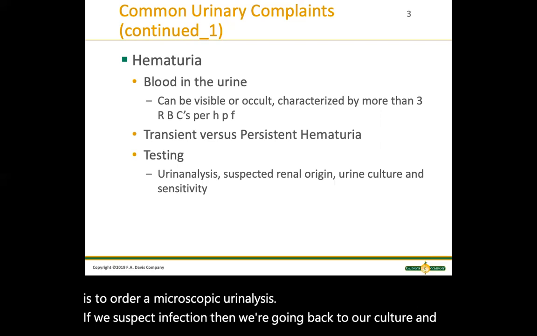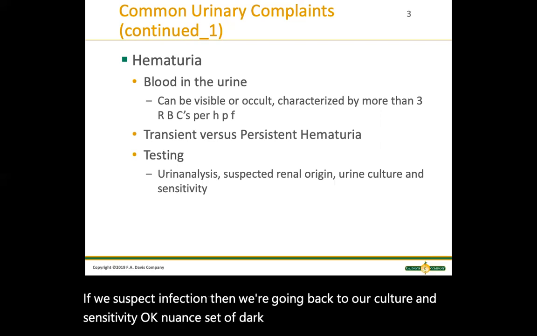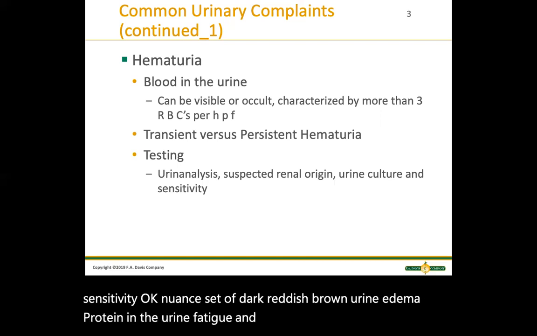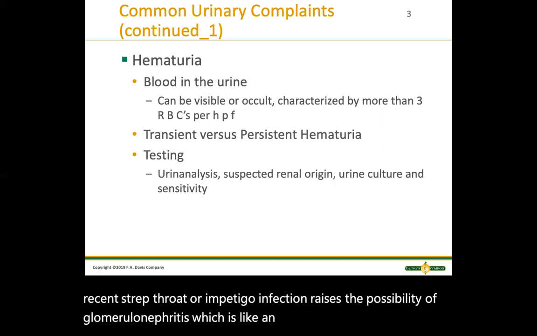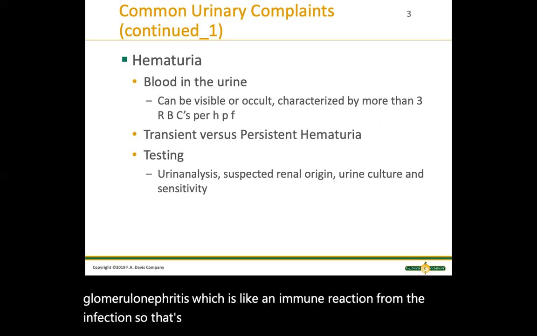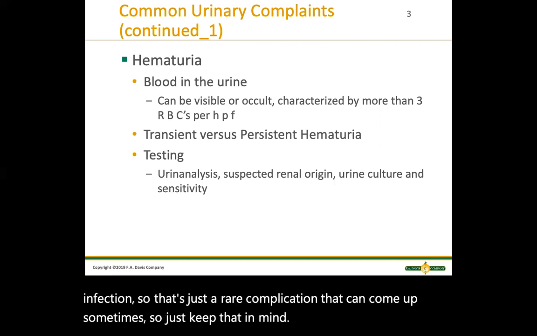Okay, new onset of dark reddish brown urine, edema, protein in the urine, fatigue, and decreased urine output after a recent strep throat or impetigo infection raises the possibility of glomerulonephritis, which is like an immune reaction from the infection. That's just a rare complication that can come up sometimes, so keep that in mind.